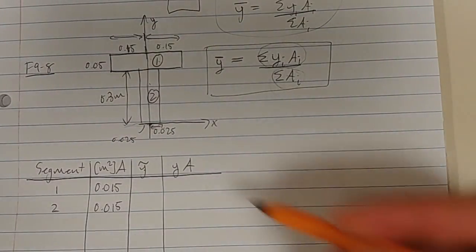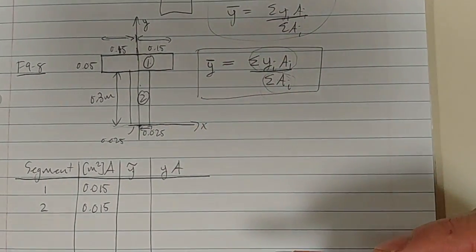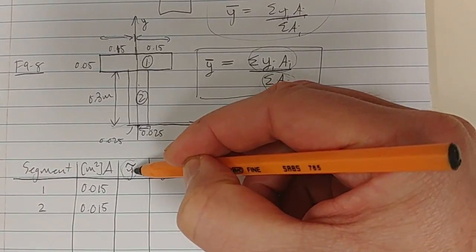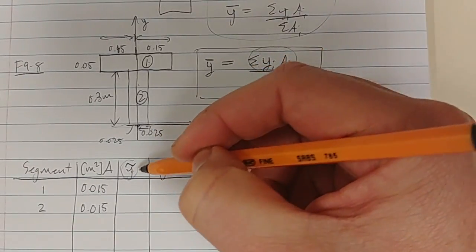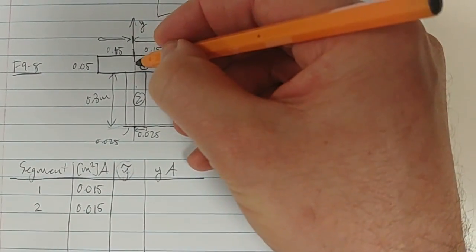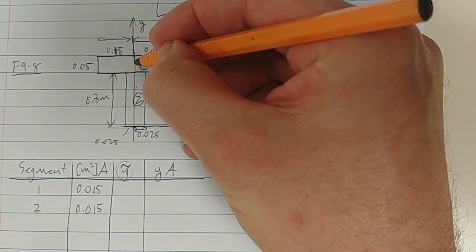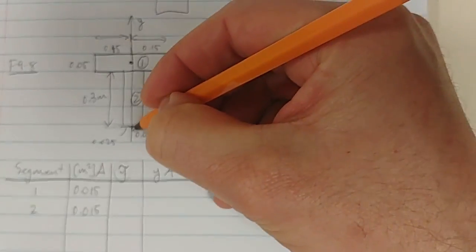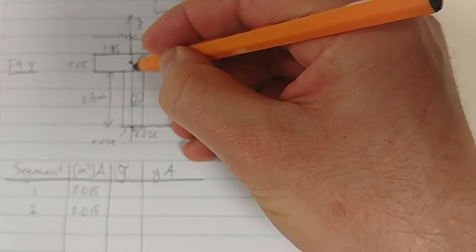What is the y bar for each of these elements? Remember, the y tilde is the location of the centroid of each element, and in this case, it's a segment, okay? So what is the location of the centroid here? It's there, right in the center, because it is a perfect rectangle. So we need to go up this distance plus that distance.